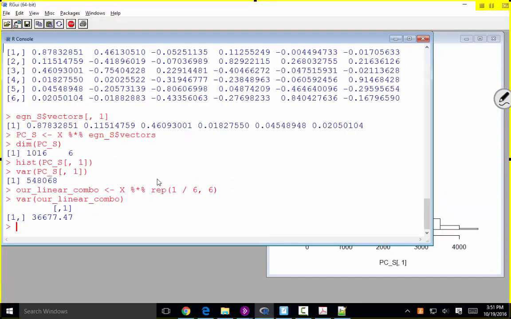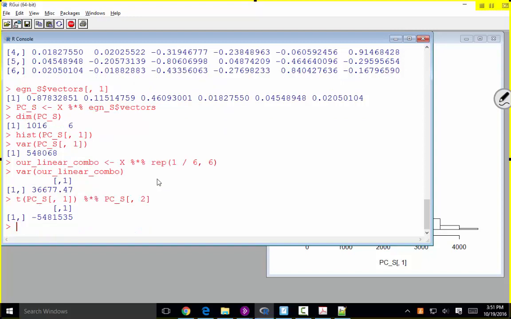The second principal component is uncorrelated with the first. That means if I do the dot product of the first with the second, it's 0. Let's see. Not the PCs, the coefficients.